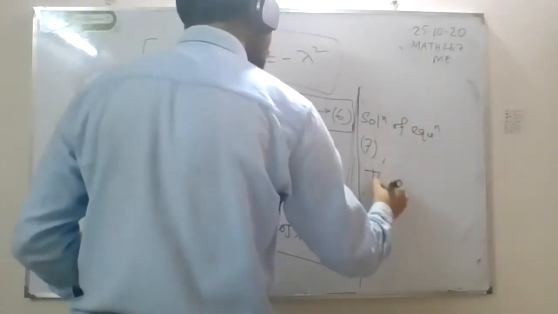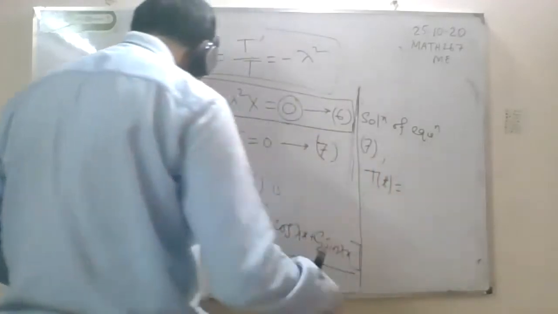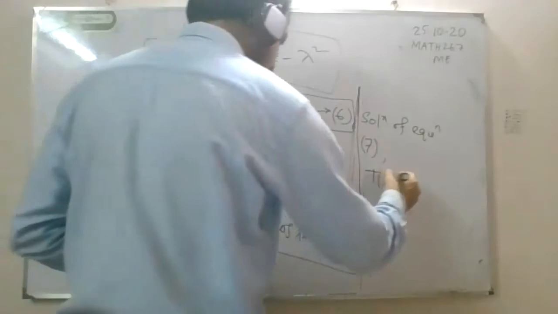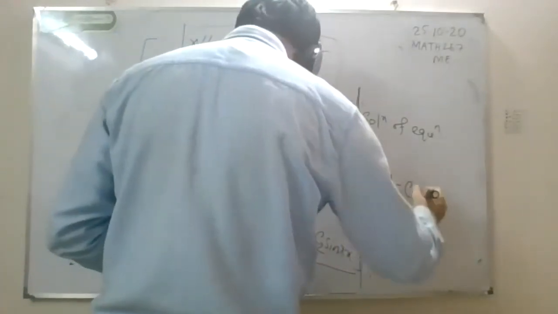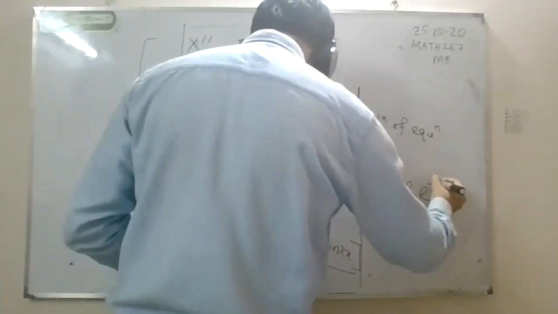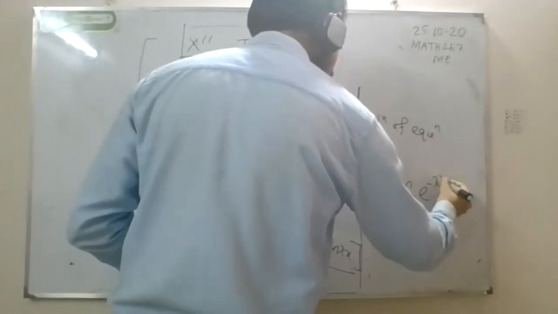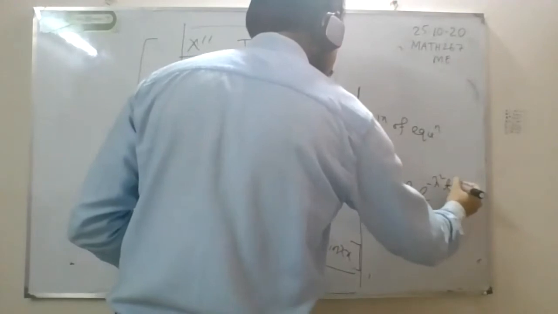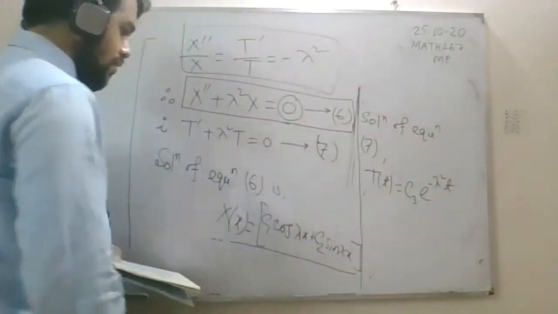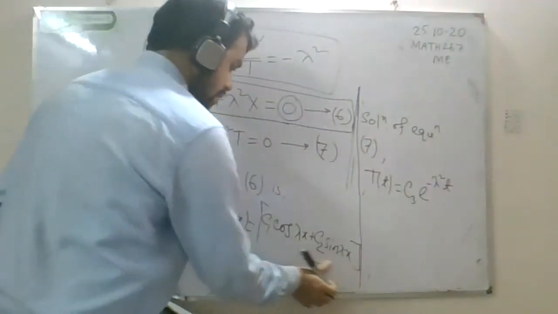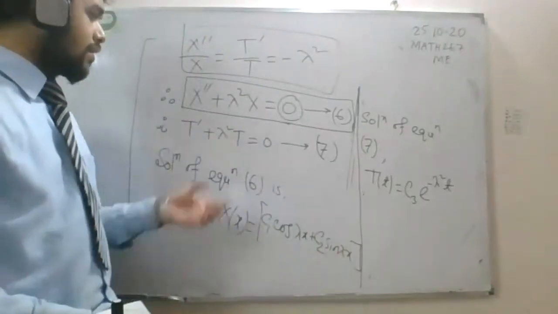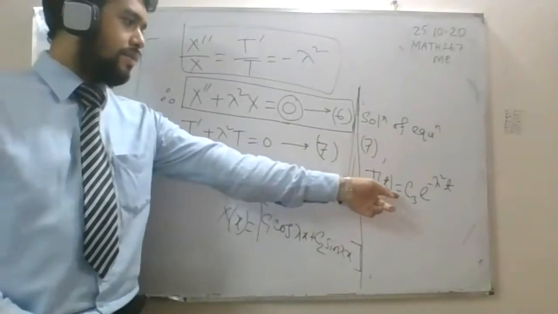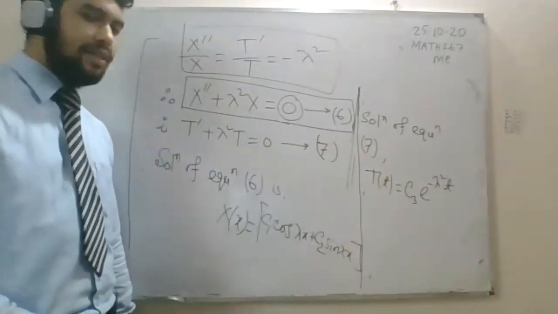It will be T equals c3 e to the power minus lambda square t. So here the solution of equation 7 will be T equals c3 e to the power minus lambda square t.